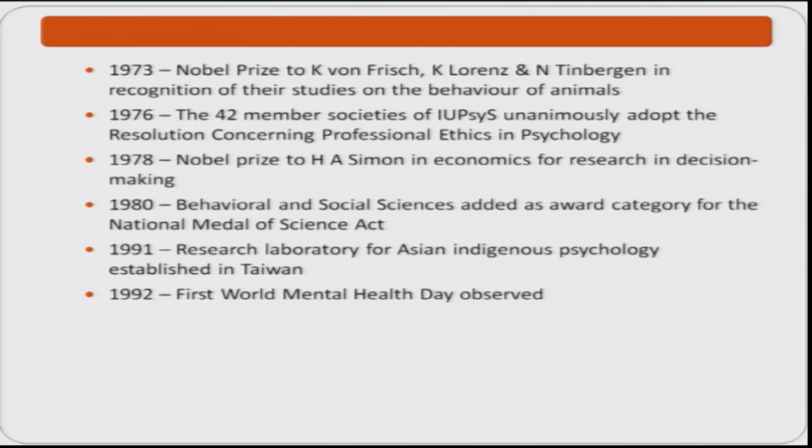Now we are coming close to contemporary times. 1973 was the year when Frisch, Konrad Lorenz and Tinbergen were recognized for their study on the behavior of animals and were conferred the Nobel Prize. 1976 was the year when the 42-member society of the International Union of Psychological Science unanimously adopted the resolution concerning professional ethics in psychology. Again in 1978, the Nobel Prize was conferred to H. A. Simon in economics for his research in decision making.